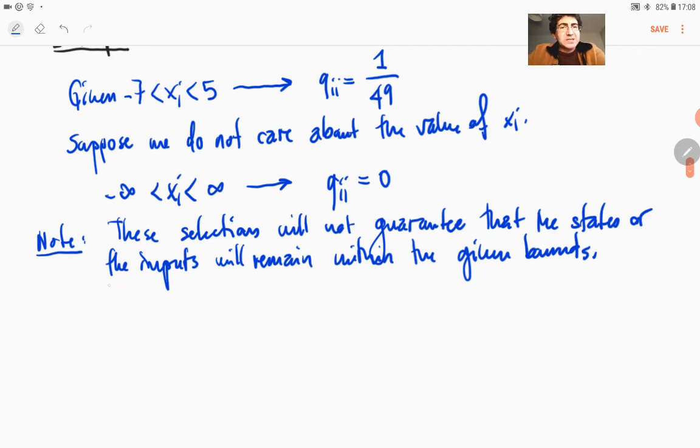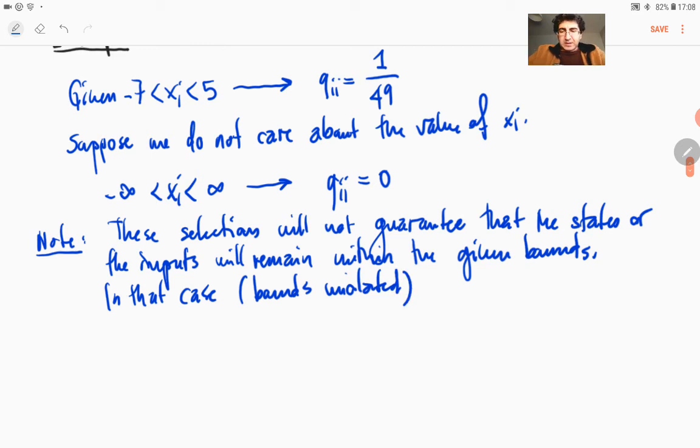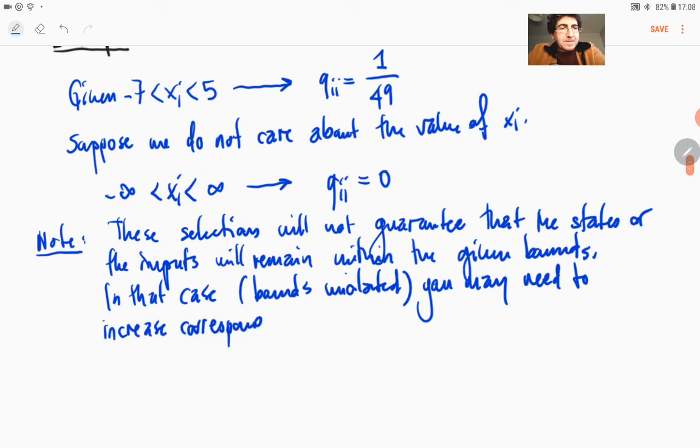If the bounds are not satisfied, meaning bounds are violated, you may need to increase the corresponding q_ii and/or r_jj by trial and error.